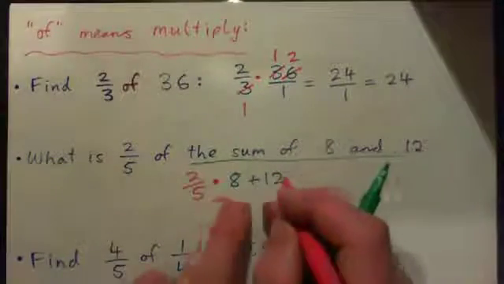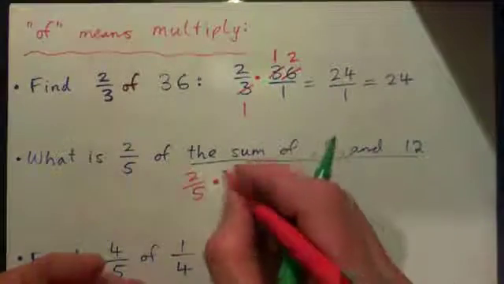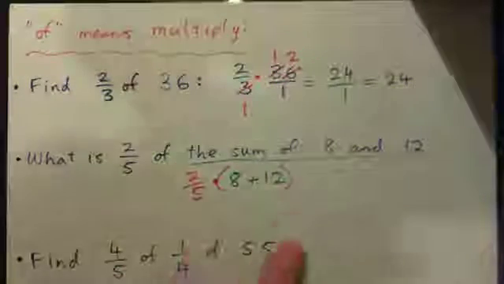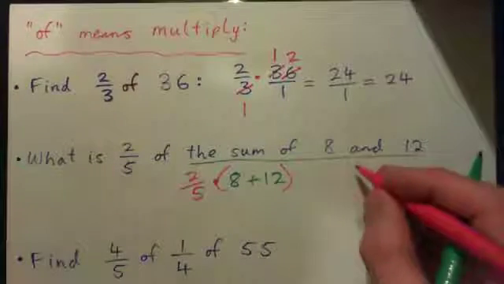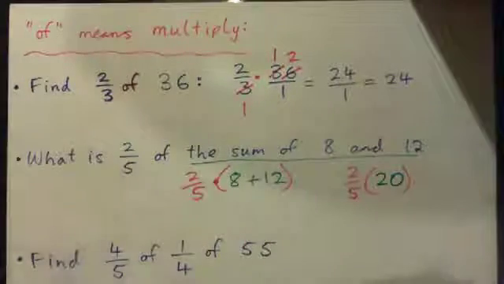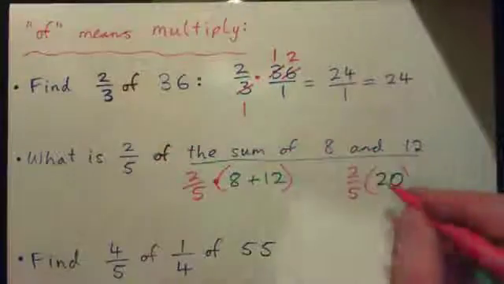You can't just times it by the sum, you would have to put parentheses around that. You see what I mean? Because the sum of 8 and 12 is 20, and we should be getting 2/5 of 20. 2/5 times 20, right? So anyway, the "of" there turned into multiply.